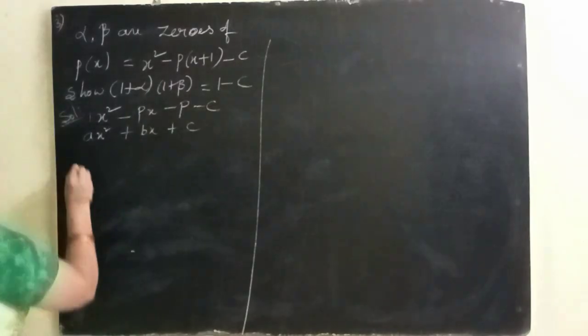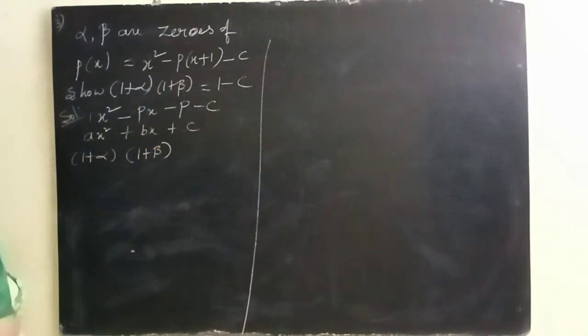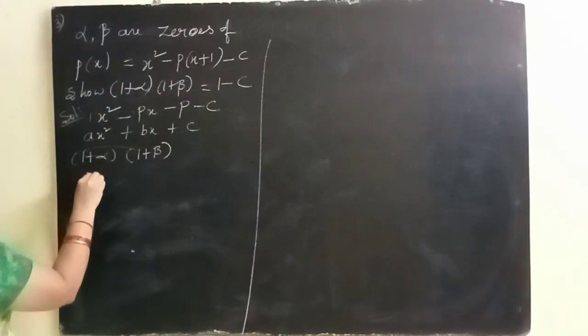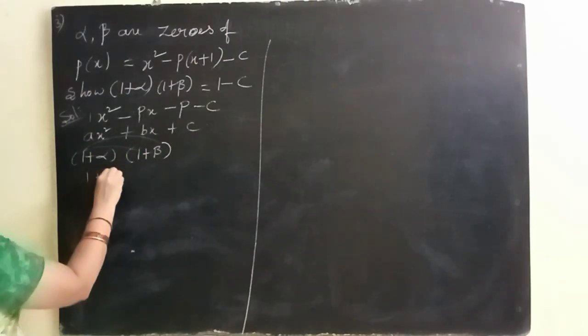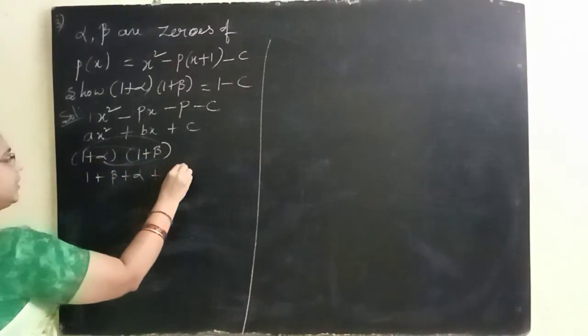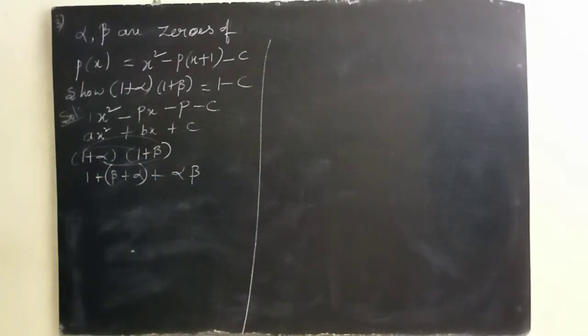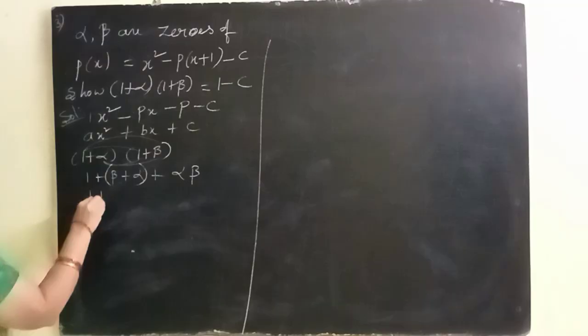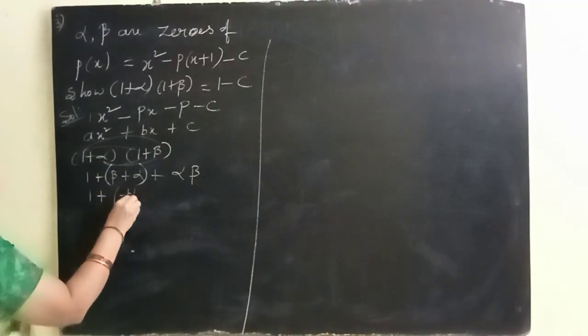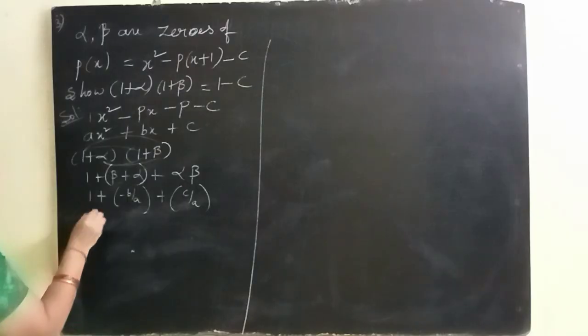Come to the question. What is the question? 1 plus alpha, 1 plus beta. Multiply. 1 ones are 1. 1 betas are beta. Alpha ones are alpha. Alpha into beta, alpha beta. By multiplying you got this answer. Already we know sum of zeros is minus b by a, product of zeros is c by a.